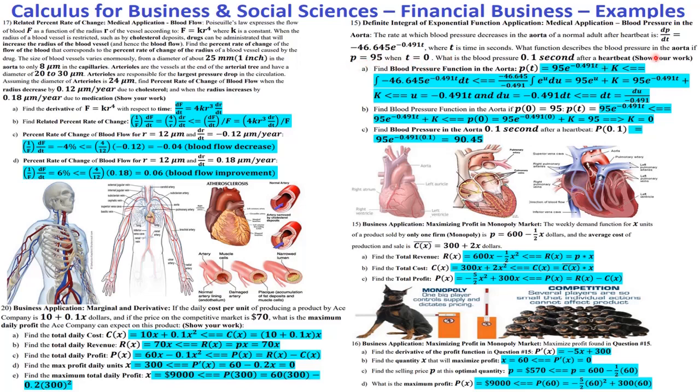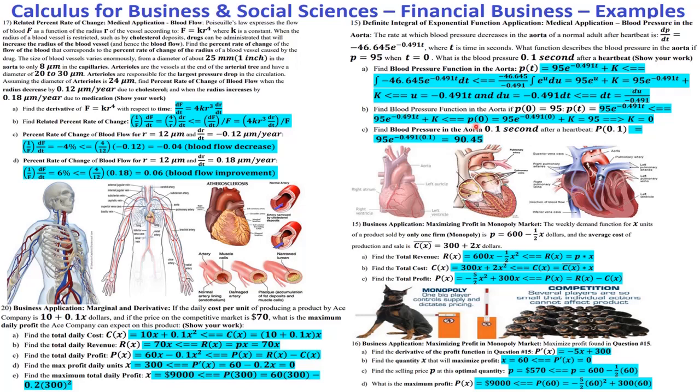Then find the function of the blood pressure, basically p of t. So when you integrate this, minus 46.645 e to the negative 0.491t dt, you will end up with 95 e to the negative 0.491t plus some constant k, but we know that at t equals 0 it is 95.